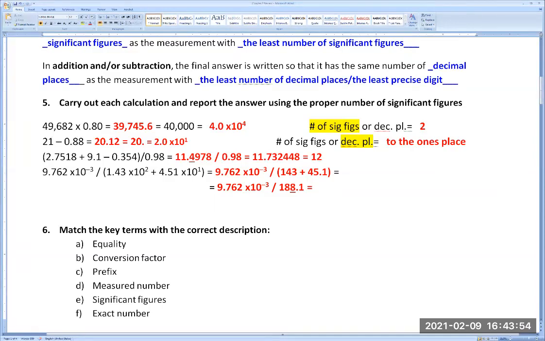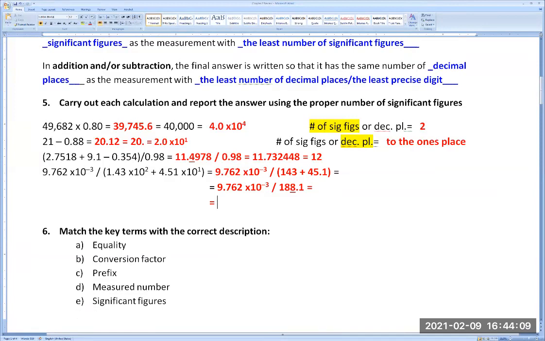This tells your calculator that 9.762 times 10 to the -3 is one number, and it will keep it all together. Divided by 188.1 equals 0.000051898.